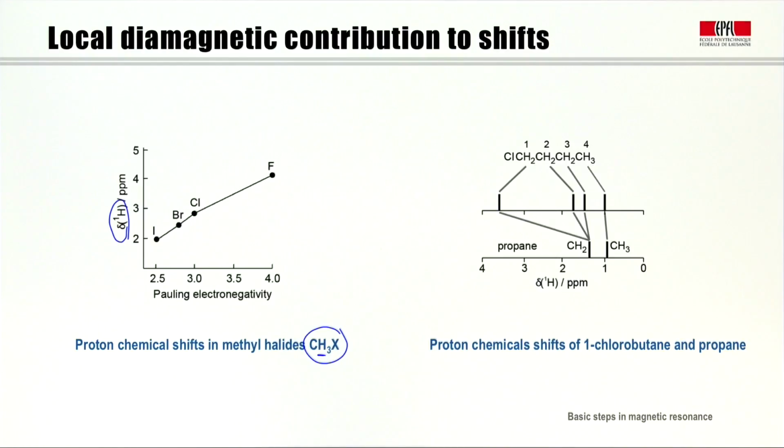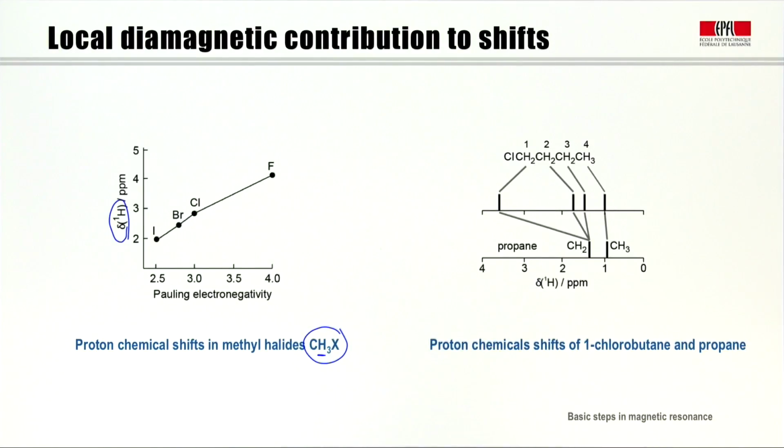So you might say the stronger the withdrawal, the larger the chemical shift of the proton that is attached to the methyl group that is neighboring to the halide. So far, so good. This makes sense. I wouldn't use it as a way of determining the electronegativity, but you could if you wished.